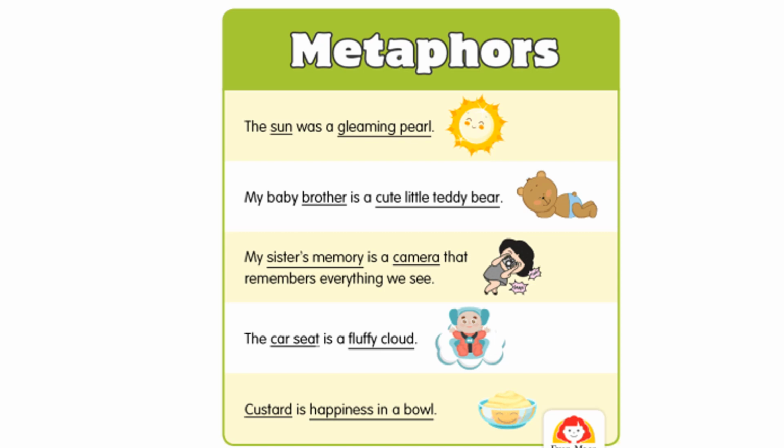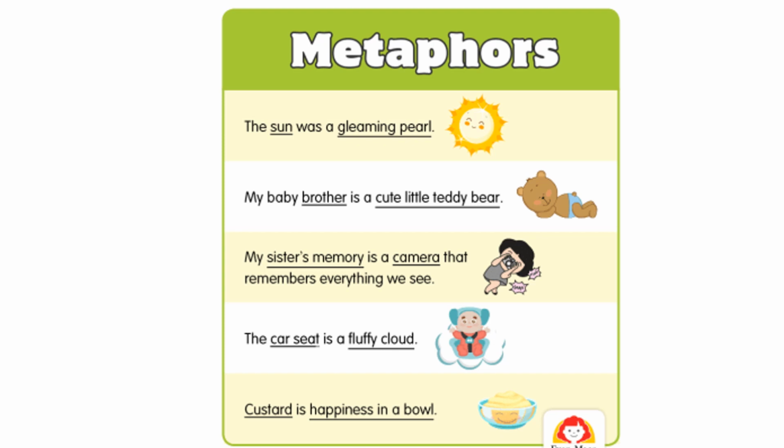The car seat is a fluffy cloud. You say it directly. Instead of saying the car seat is like a fluffy cloud, which would be a simile, to make it a metaphor, you don't use like or as. You just say the car seat is a fluffy cloud. You can say, for example, the man is a monster. That's a metaphor.